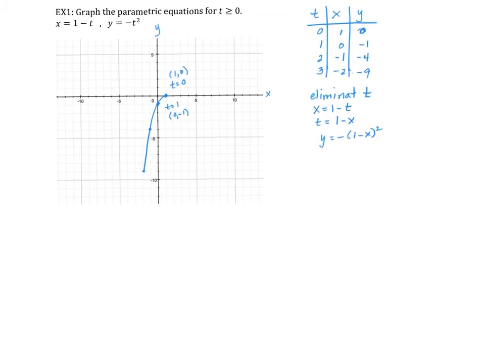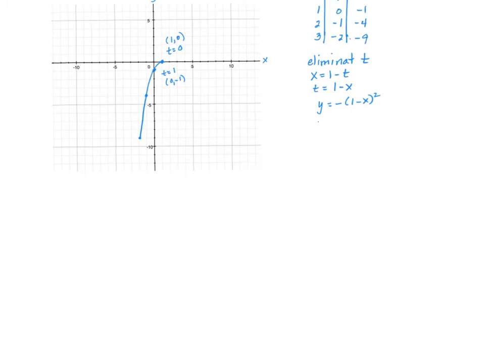I recognize that as being a parabola. You might want to multiply all of this out to get negative x squared plus 2x minus 1, I think. Okay. So since it's a parabola opening downward, I could see that this will continue to go down, and I don't have to plot more points.